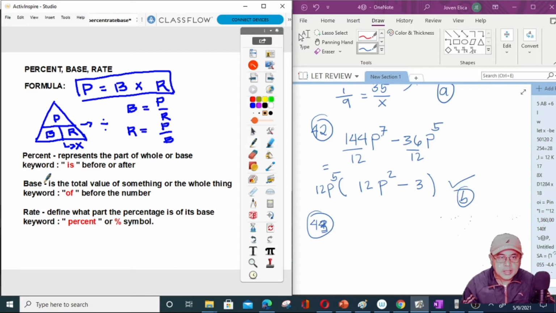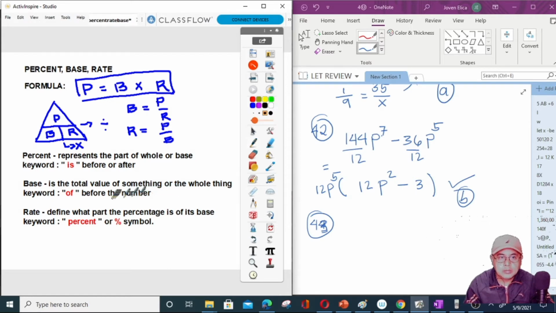Pag nakita mo yan before or after "is", that means you are finding the value of the percent, which is the part of the whole. The base number is the total value of something. So when we say base, yun yung kabuuan, the value of something or the whole thing.